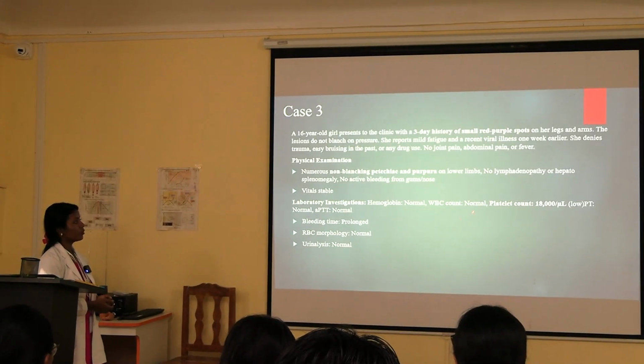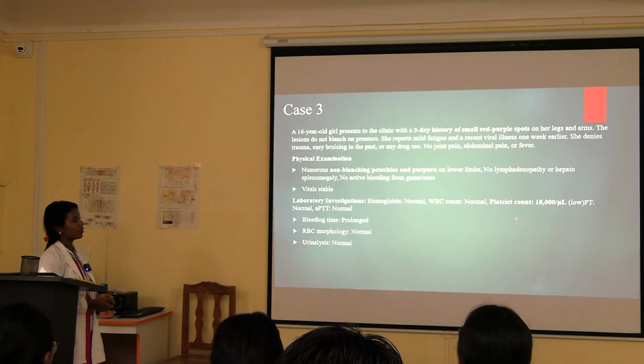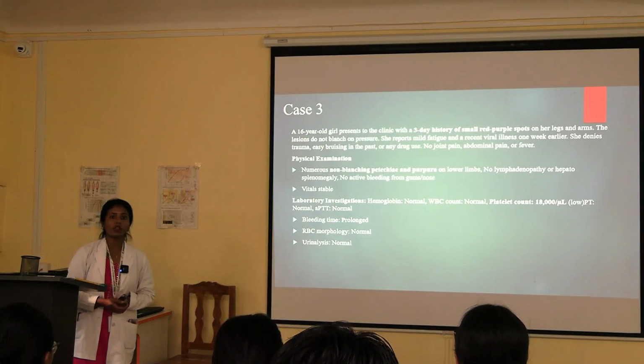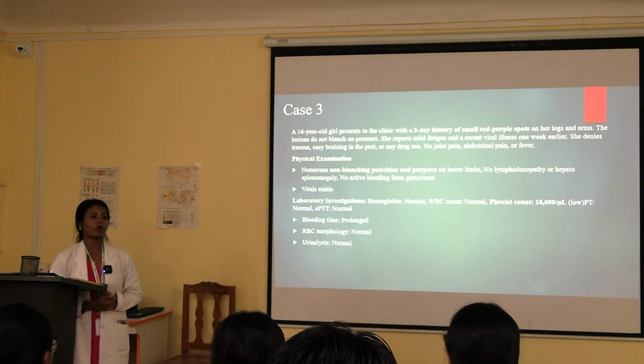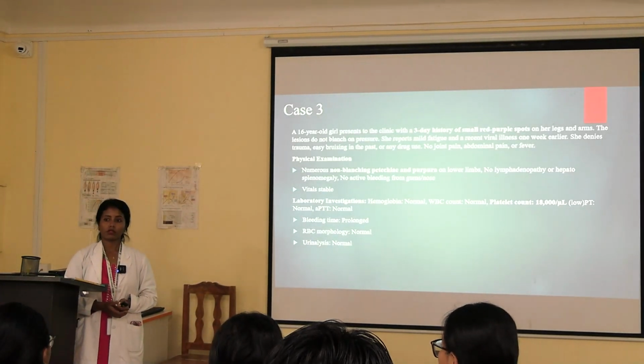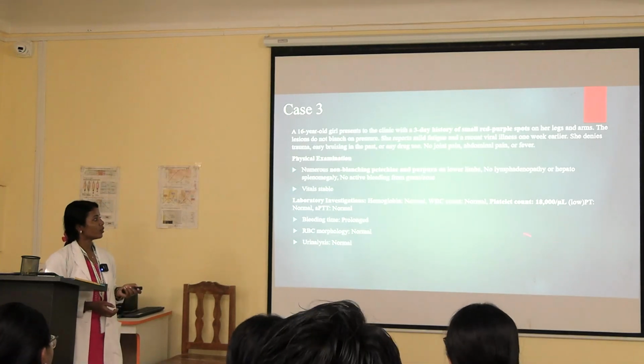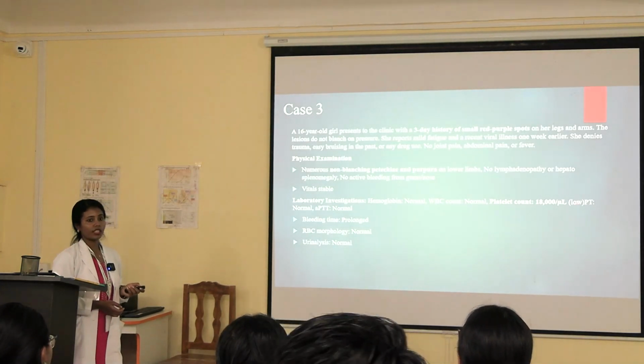Hemoglobin is normal, WBC count normal, but see here the platelet count is how much? 18,000. How much is the normal platelet count? 1.5 to 4 lakhs per cubic millimeter of blood. So here you can see it is very much decreased.